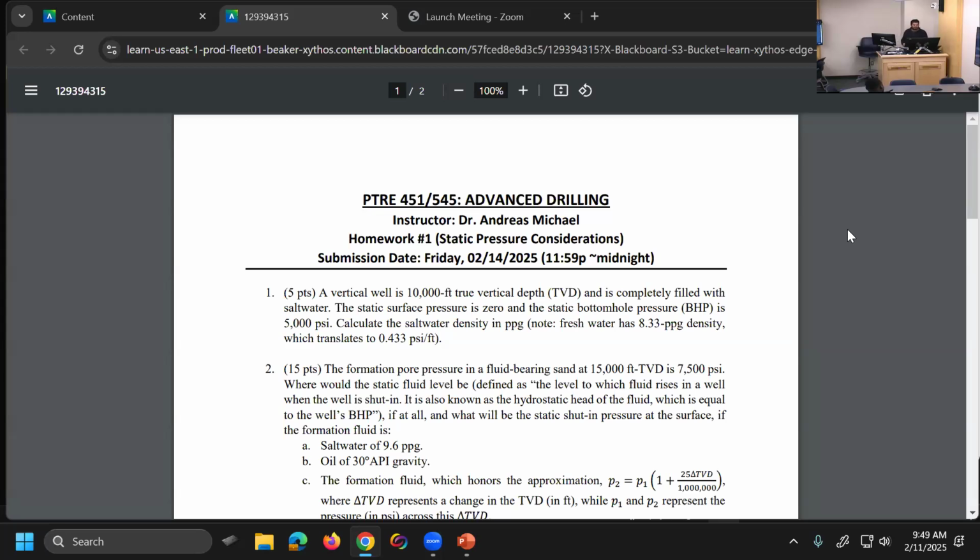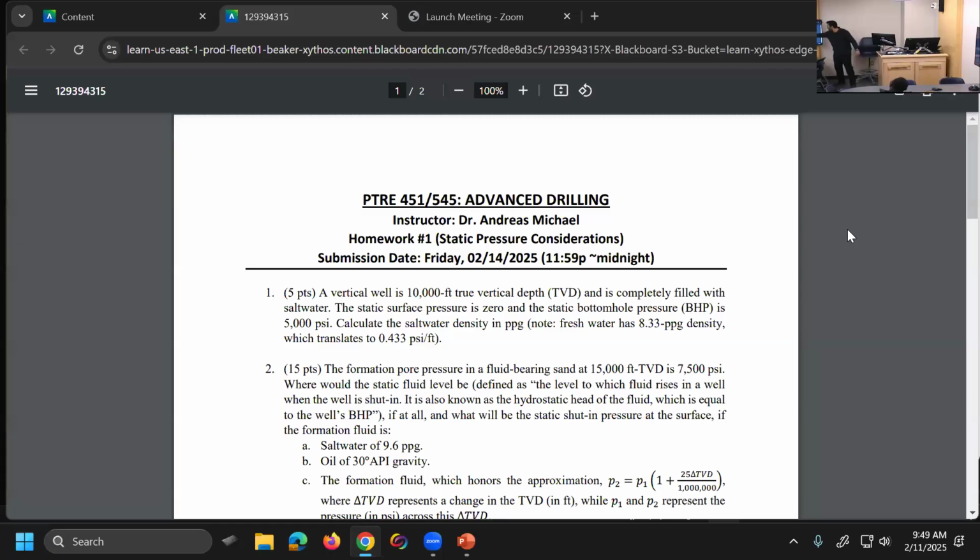The static surface pressure is 0 and static bottom hole pressure is 5,000 psi. Calculate the salt water density in ppg. Note, the fresh water has 8.33 ppg density, which translates to 0.433 psi per foot.